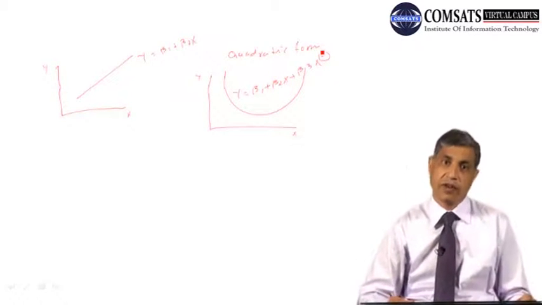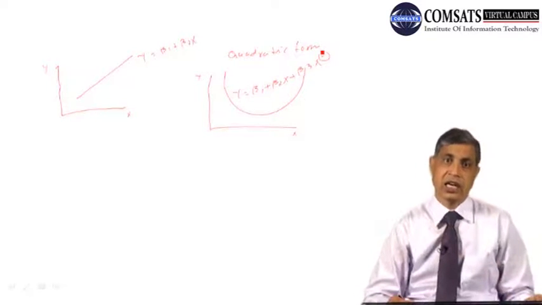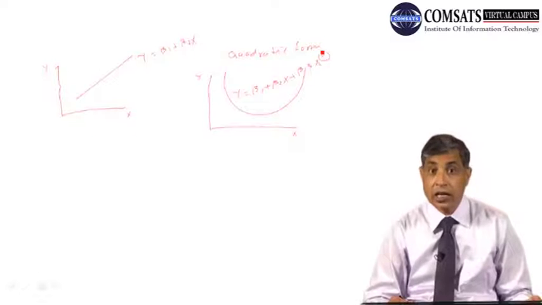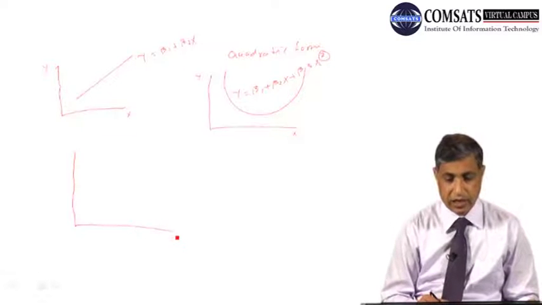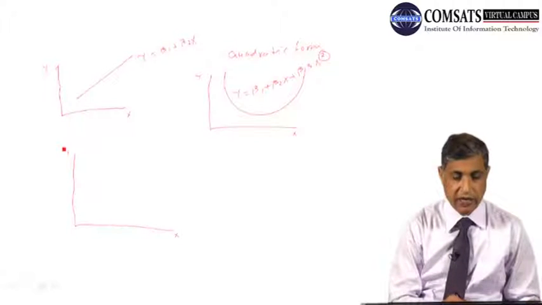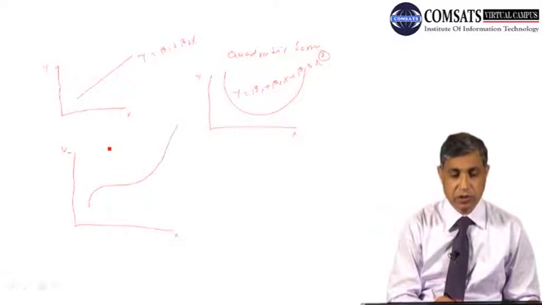This is the power of the variable. So on the right hand side, the function is non-linear in the variable. If I make such kind of model, again taking x here and y here, this becomes a cubic model.